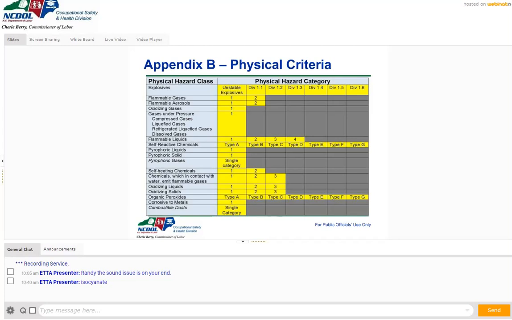Like a category 1 would be something like ether. Ether would be a category 1 flammable liquid. So again, I'm just showing you what these appendices have in them. And for the rank and file employees, I wouldn't worry them too much with this, because unless they're a chemist or they work in a lab, a lot of this is going to confuse the heck out of them.